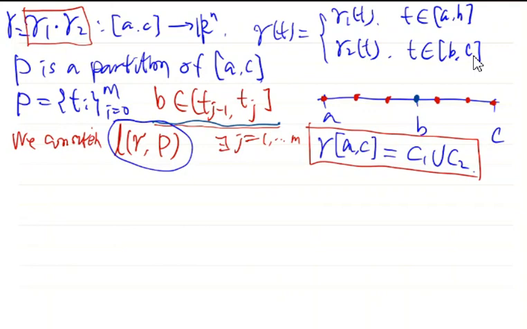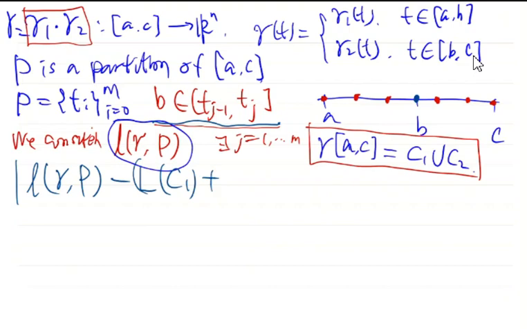Then we consider the range of the inscribed polygonal of gamma with respect to this partition P. We consider the difference of the range of the inscribed polygonal and the sum of the ranges of the two curves, two paths.